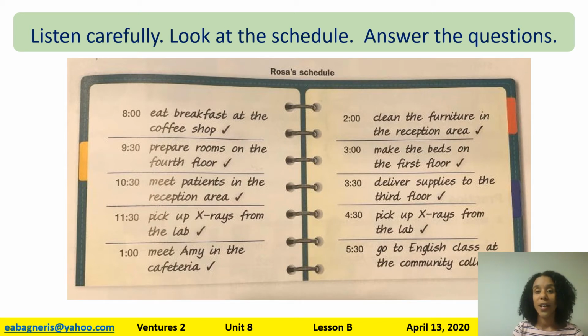Where did Rosa go at 2 o'clock? Repeat after me. Where did Rosa go at 2 o'clock? Answer the question. Where did she go? She went to the reception area.